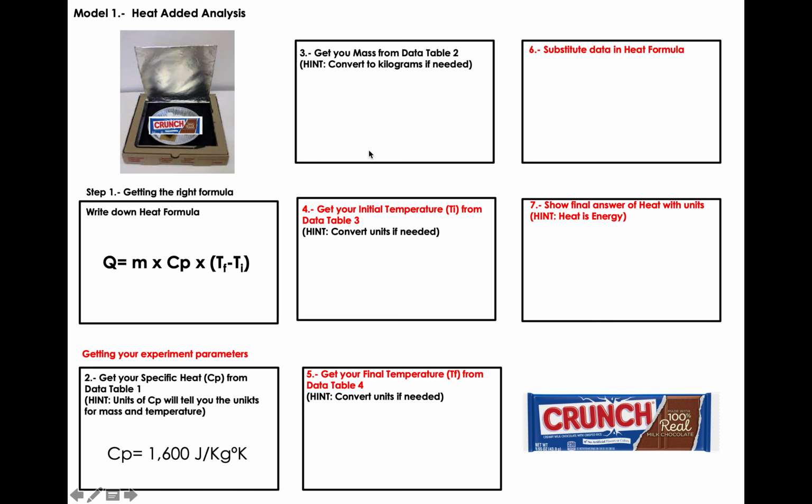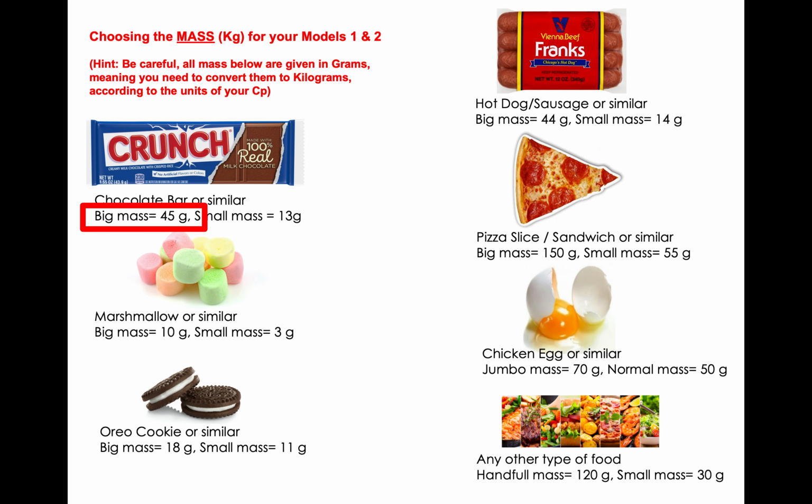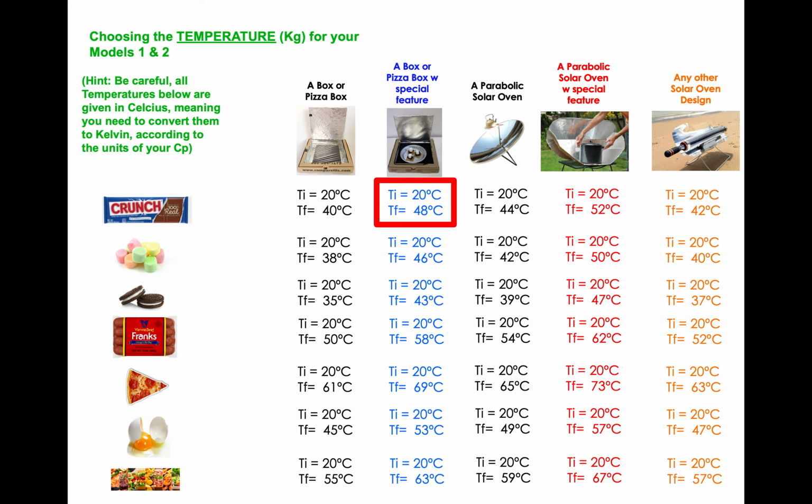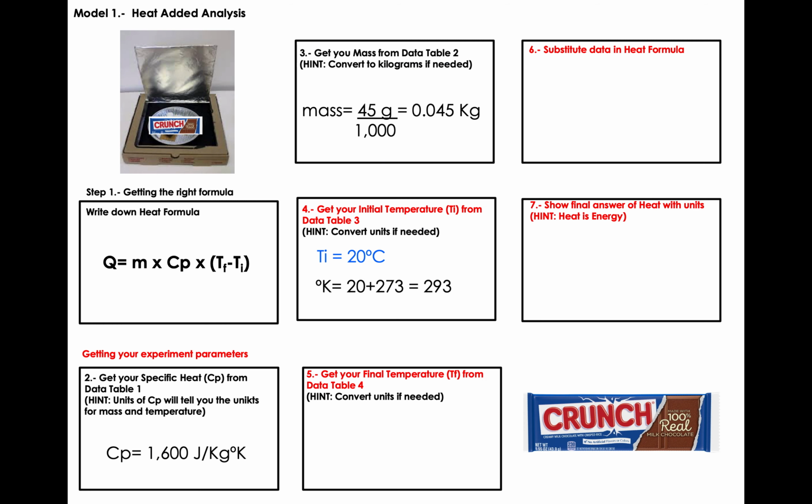Step number 3, get the mass from slide number 3. So the mass, because I'm using the whole bar, 45 grams, and immediately I divide it by 1000 to convert it to kilograms. Step number 4, get initial temperature. As this is my solar oven and I use chocolate, initial temperature is 20 Celsius.